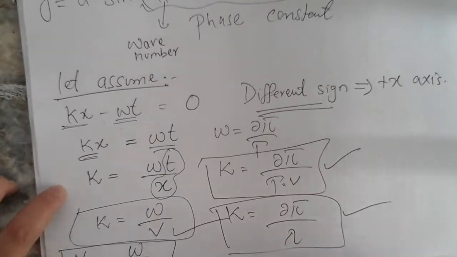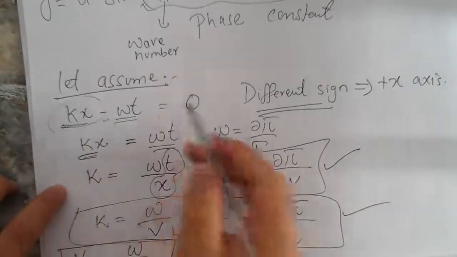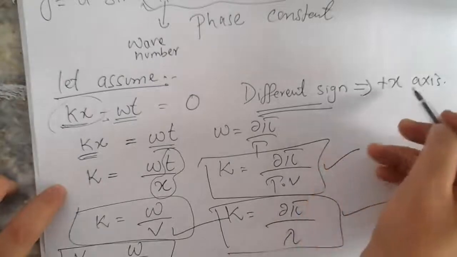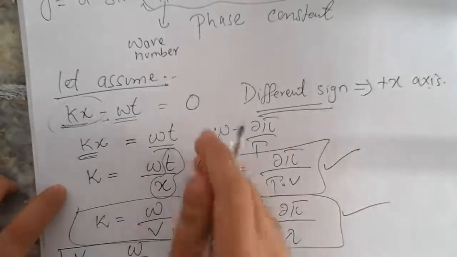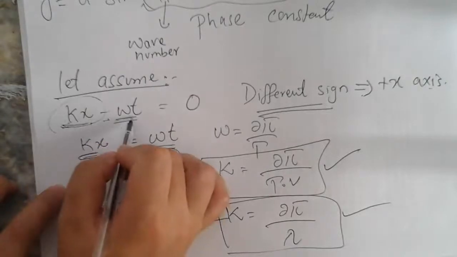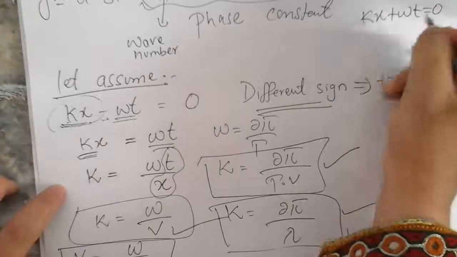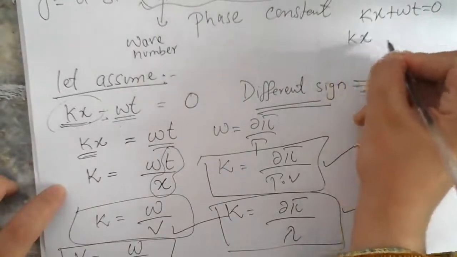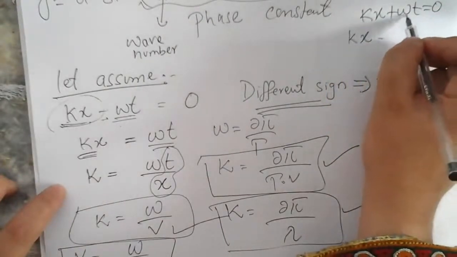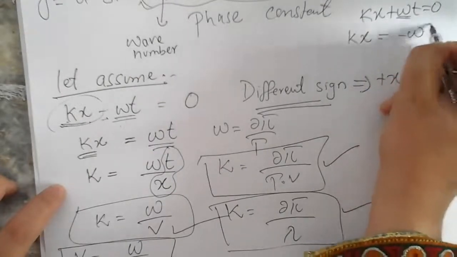Omega over k. Keep in mind that if these two terms have different signs, the wave direction is along the positive x-axis. But what happens if both terms have the same sign, like for example kx plus omega t? Definitely if you bring this term to the other side of the equation, it will have minus omega t.